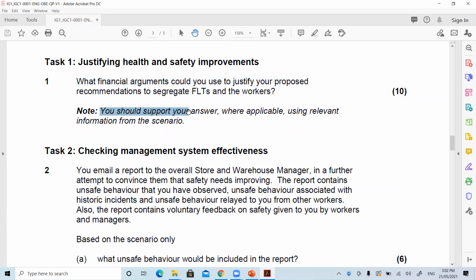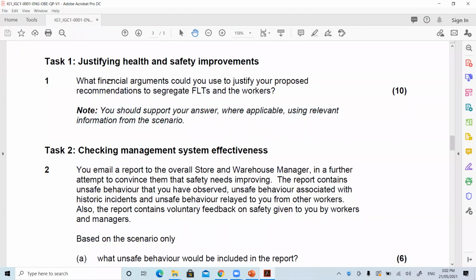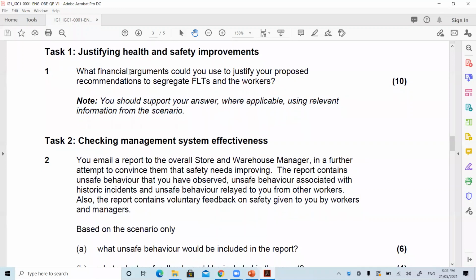You should support your answer where applicable using relevant information from the scenario. So you need to give financial arguments to convince your management, and you have to get information from the scenario where applicable.